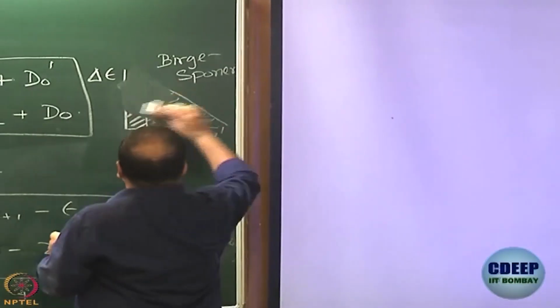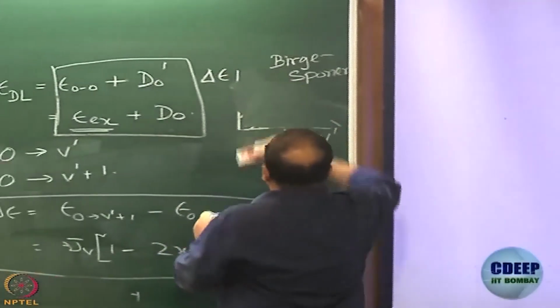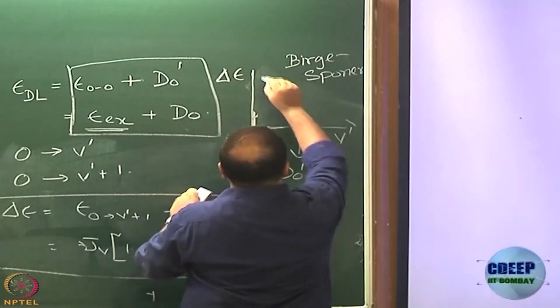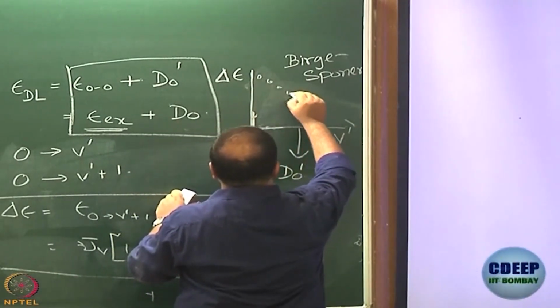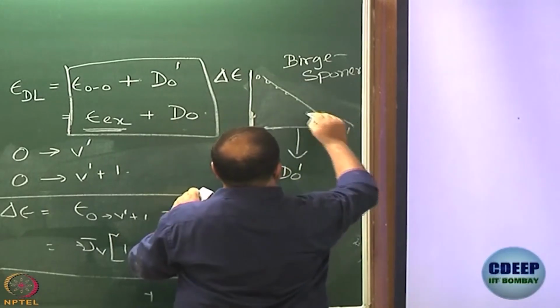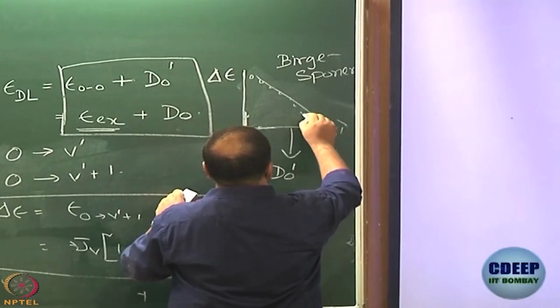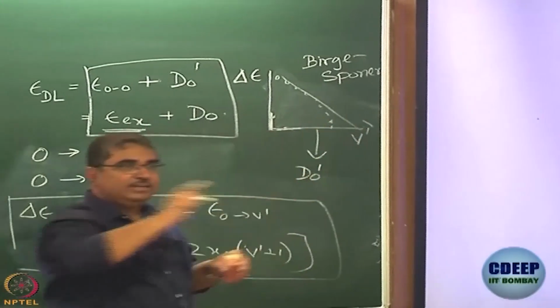But suppose you have access to sufficiently high resolution spectrum some way or the other, then what you see usually is, your expectation is this linear variation. What you see in reality is that you see this kind of a deviation, downward deviation.